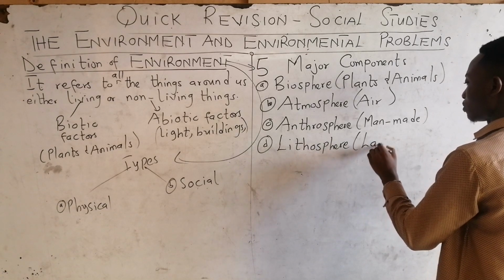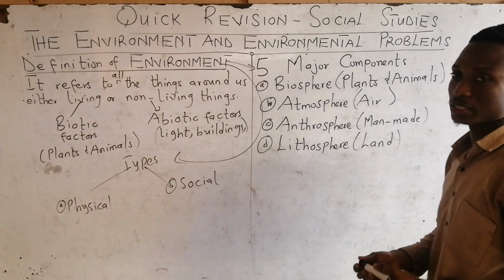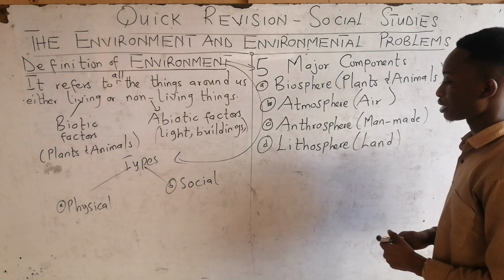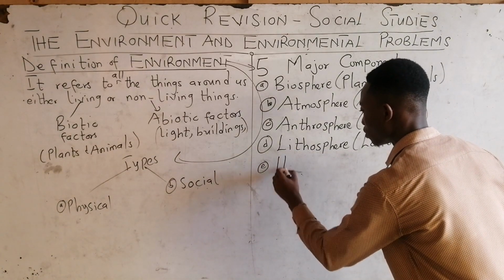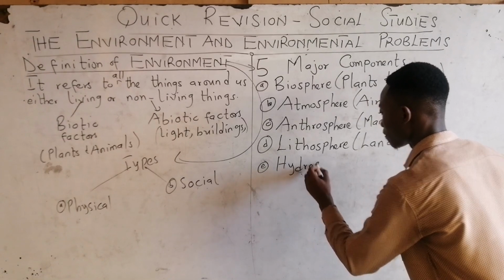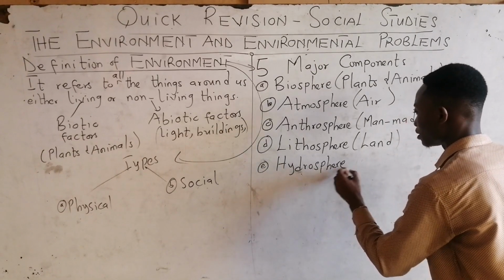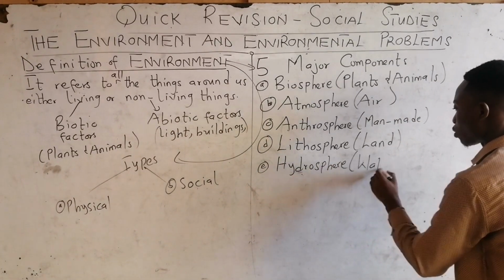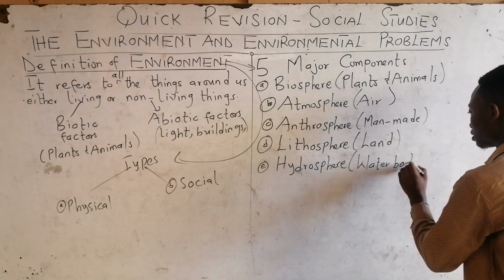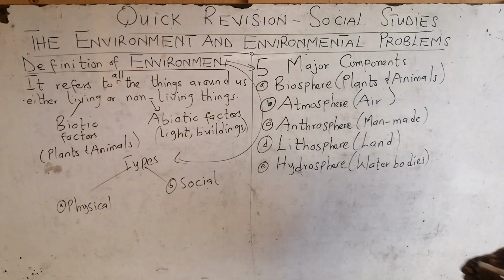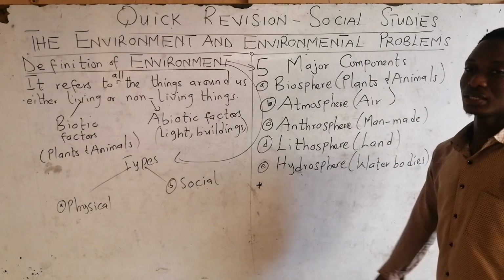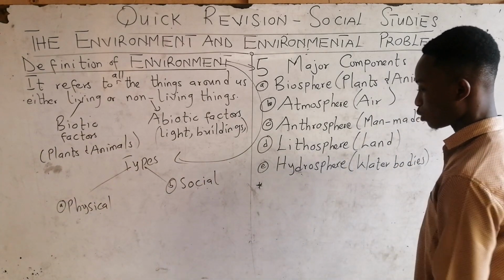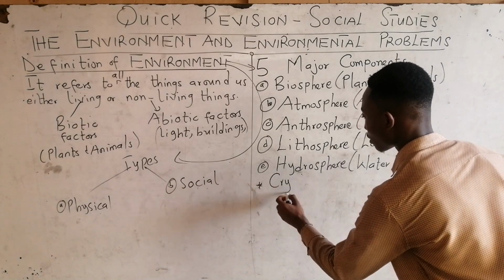That's the land where we can find relief features and other features on the land. We can also have what we call hydrosphere. The hydrosphere encompasses water bodies. And also we can add this, though we said the five main, other scientists also say that we have cryosphere.